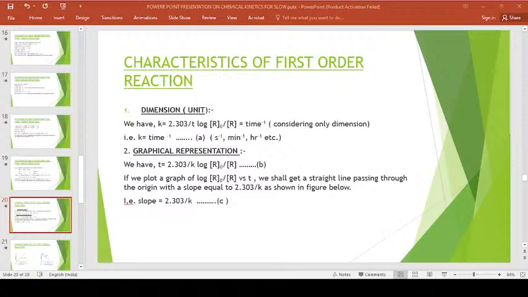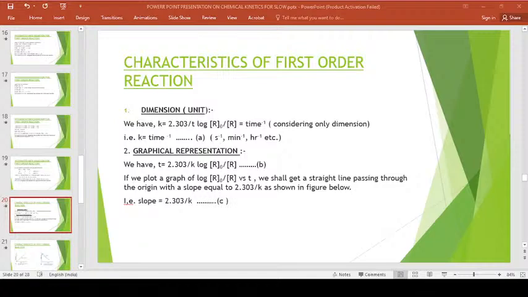If we plot a graph of ln k along the y-axis and 1 by T along the x-axis, you will get a straight line. It is in the form of y equal to minus mx plus c.